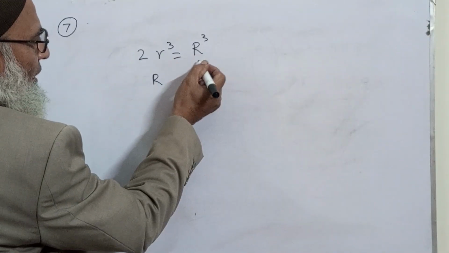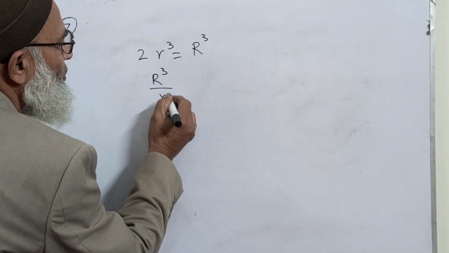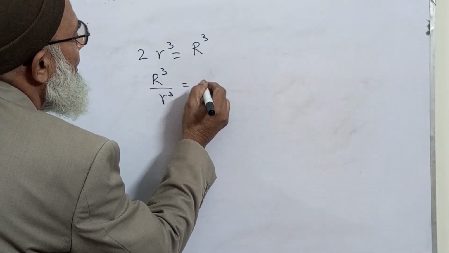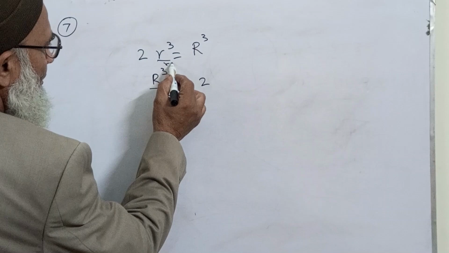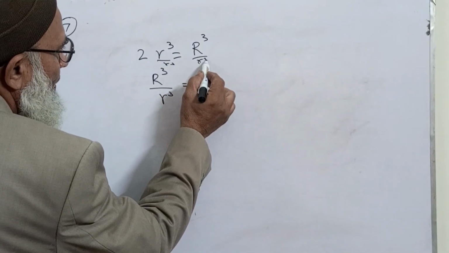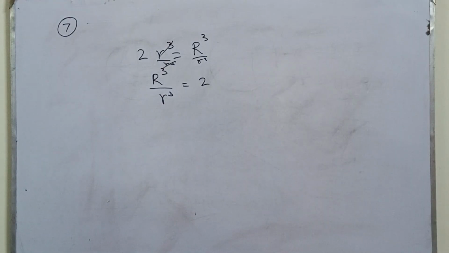R cube divided by r cube is equal to 2. Yes, this cancels this and the rest remains here.